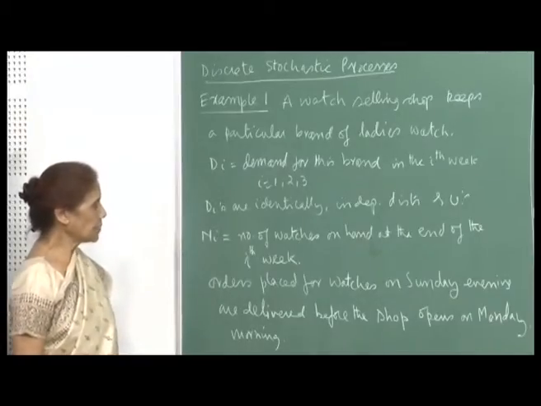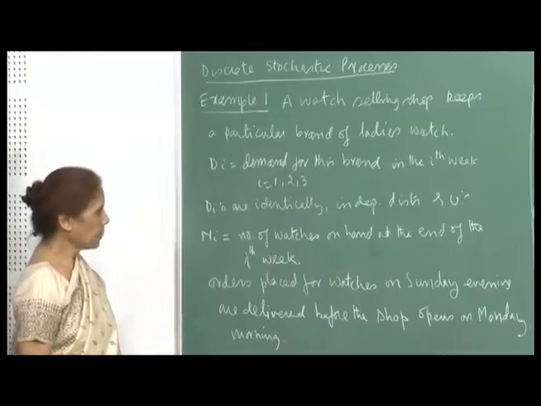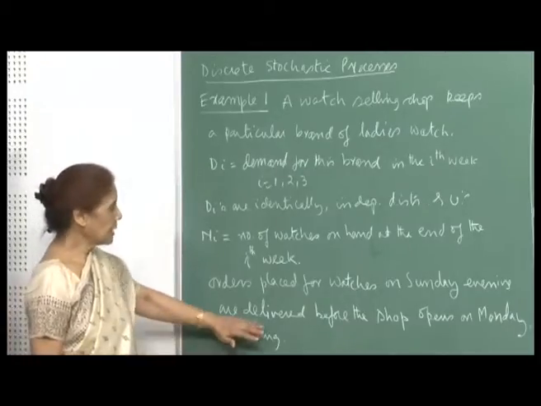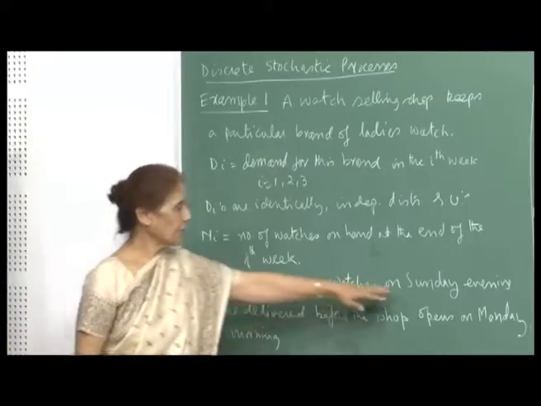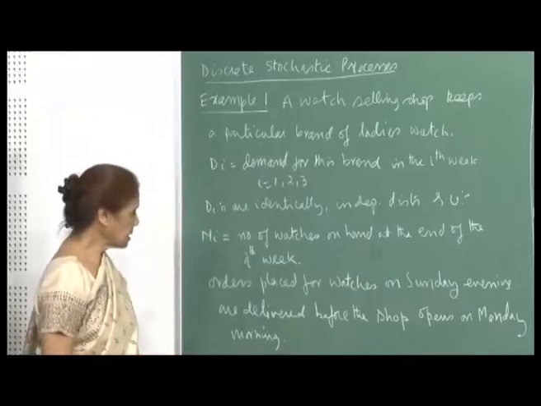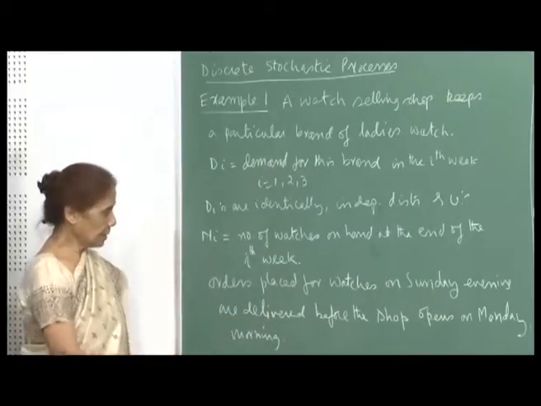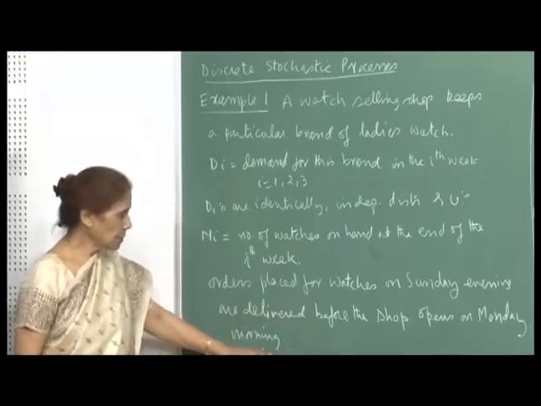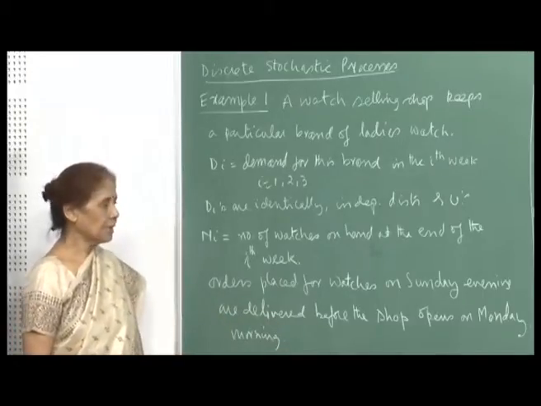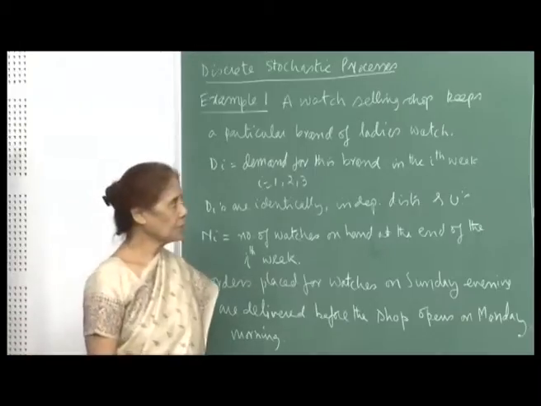Now, orders placed for watches on Sunday evening are delivered before the shop opens on Monday morning. So, this could be Sunday evening or Saturday evening, whatever it is. Before the new week begins, on Monday morning before the shop opens, the watches are delivered, whatever the ordering policy.